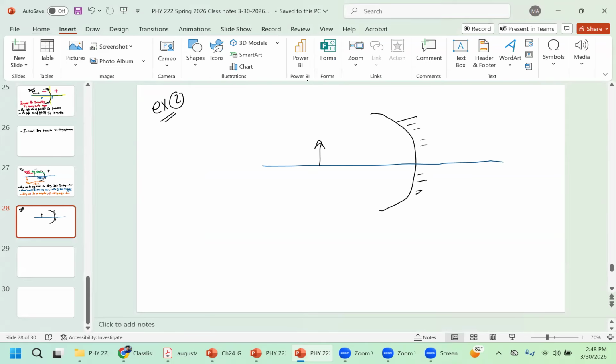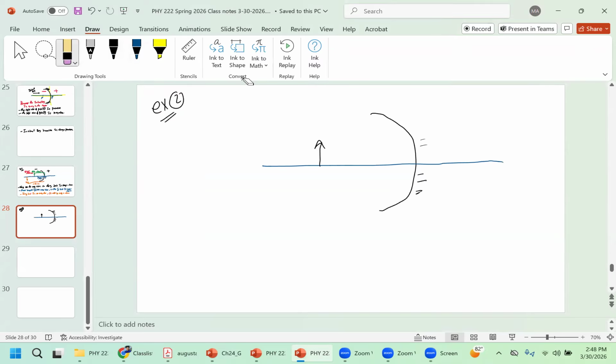I'm sorry, I made that the wrong ones. Let's do the opposite side. So make this one dull. And here's my object. Here's my pole. Here's my focus.